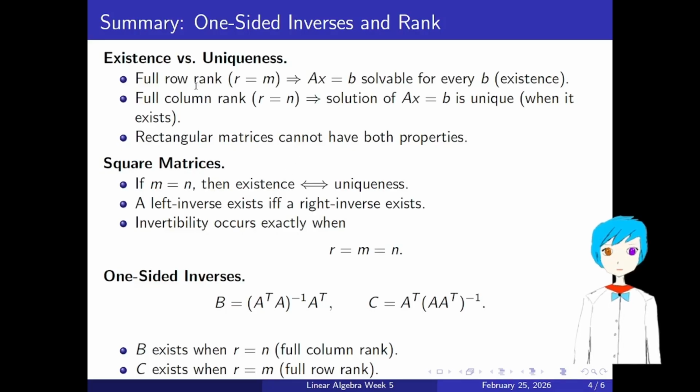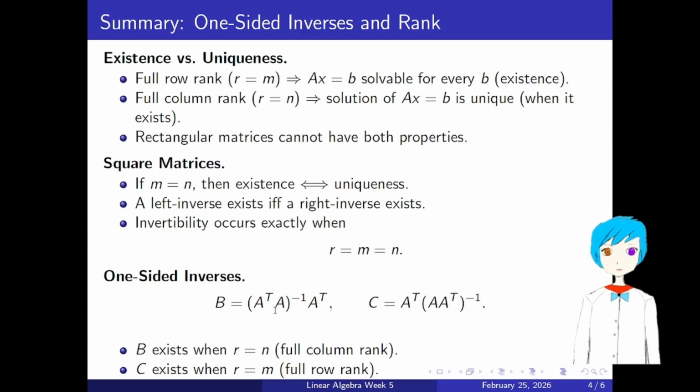So if the matrix has full row rank, then we say that the matrix could have a right inverse. If the matrix has full column rank, then the matrix has a left inverse. For the square matrix, the left inverse exists only when the right inverse exists, and invertibility occurs exactly when the matrix has full rank.